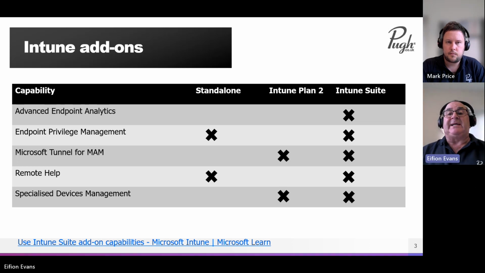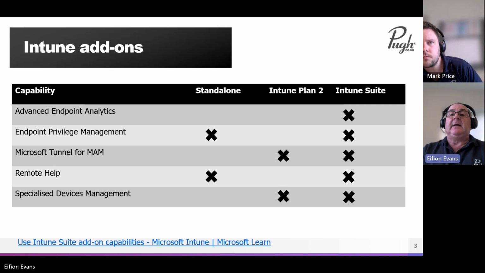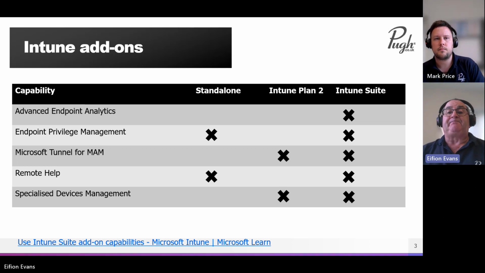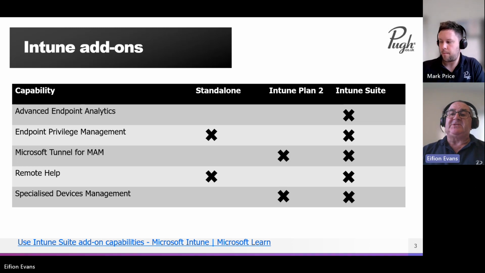Finally, we've got advanced endpoint analytics. This allows better analytics of your device data with features such as custom device scopes, which allows you to tag devices so that you can group them when you're doing analysis. And it also includes anomaly detection. Now, this creates reports on issues that occur on your devices.